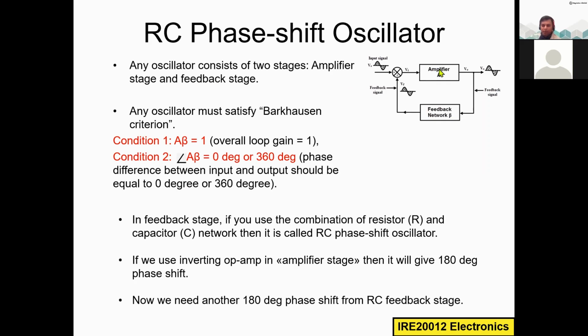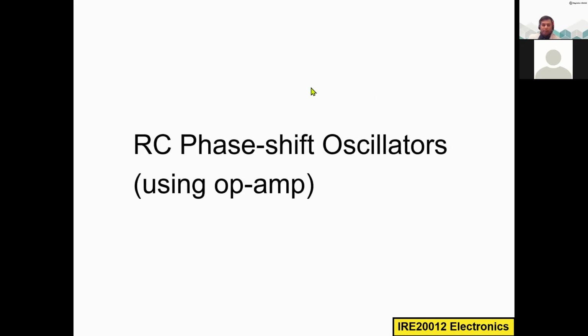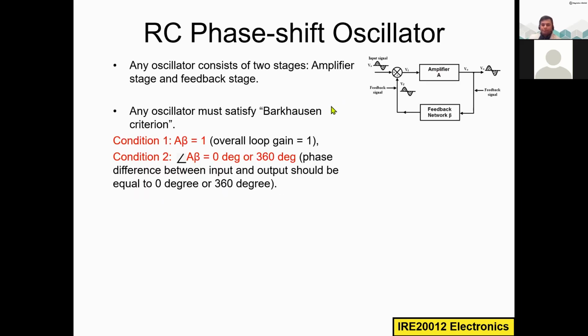In the amplifier stage, we can use either an operational amplifier or transistors. In this example, we will implement the RC phase shift oscillator using an operational amplifier. Of course, you can also use a transistor instead.